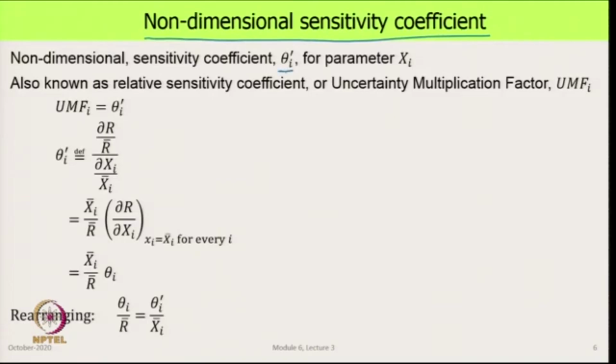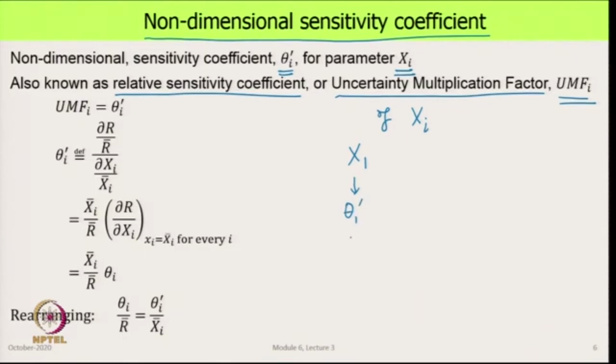The symbol for that is theta I prime, and this theta I prime is the non-dimensional sensitivity coefficient for the parameter x I. Theta I prime is also known as the relative sensitivity coefficient, and in some texts you will find this mentioned as uncertainty multiplication factor with the symbol UMF subscript I. So, this is the uncertainty multiplication factor of parameter x I. So, for x 1 we will get theta 1 prime, or we can even call this UMF 1.